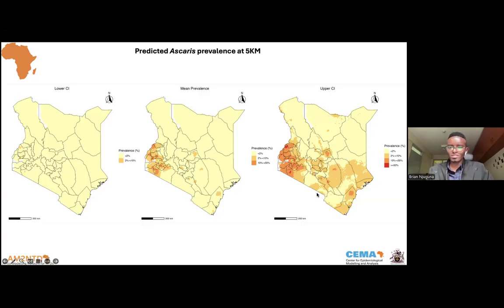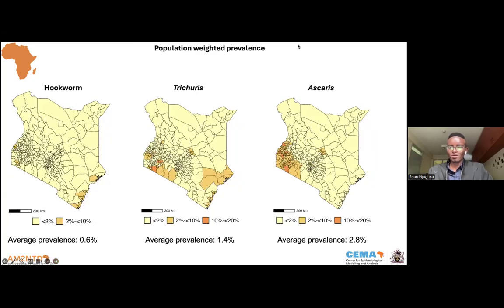For Ascaris, we observed that it was majorly in the western region, and this could be attributed to the high humidity in these regions. Now, after getting the prevalence at very high resolution, when we want to do an intervention or policy, we really don't do it at very high spatial resolution.